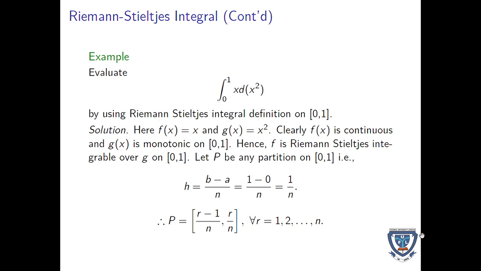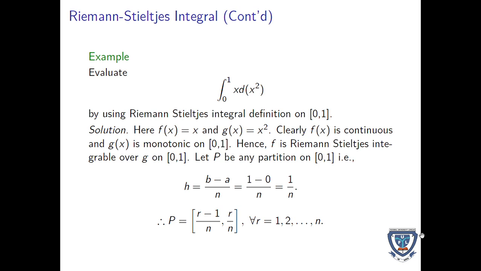That is the difference between the Riemann integral and the Riemann-Stieltjes integral: you're integrating with respect to a function. That function is what we call g of x. Here, f of x is x, while g of x is x squared.